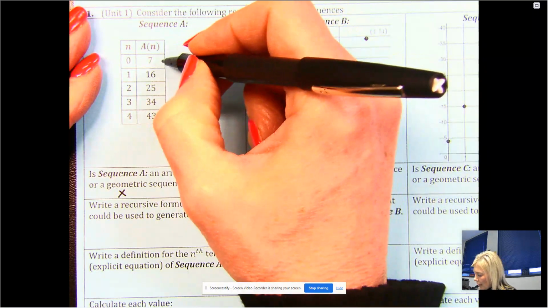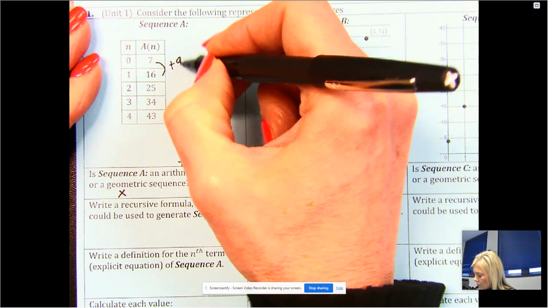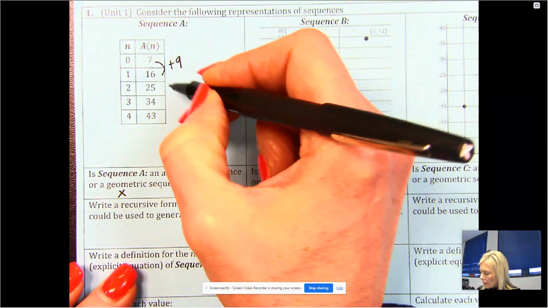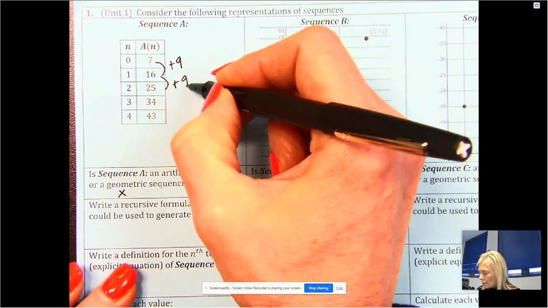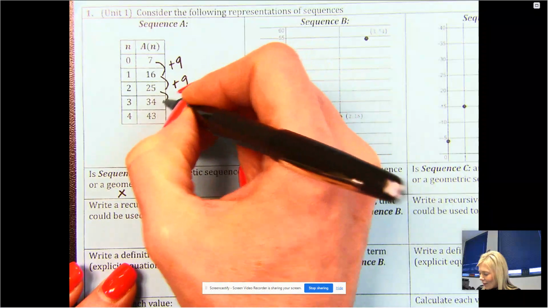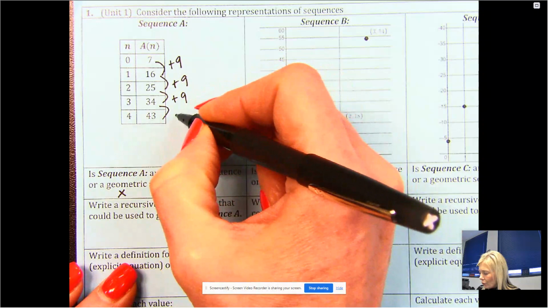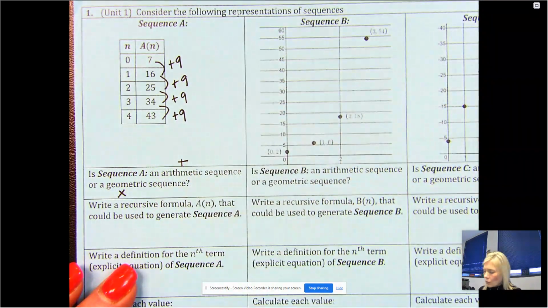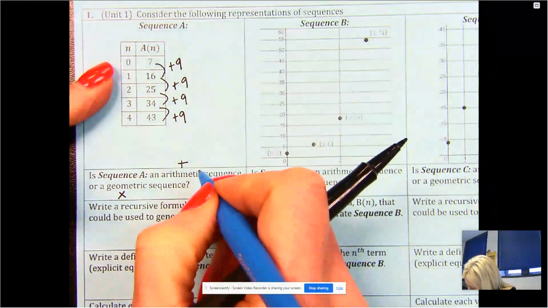If it were adding, 7 plus 9 is equal to 16. I'll check it the rest of the way. If I add 9 to 16, yep, we get 25. And 25 plus 9 is 34, and 34 plus 9 is 43. So this is definitely an arithmetic sequence. Circle arithmetic.